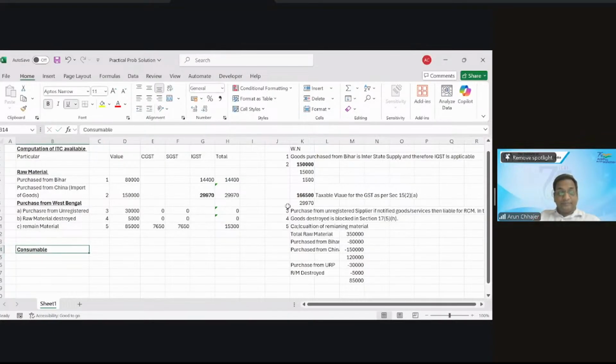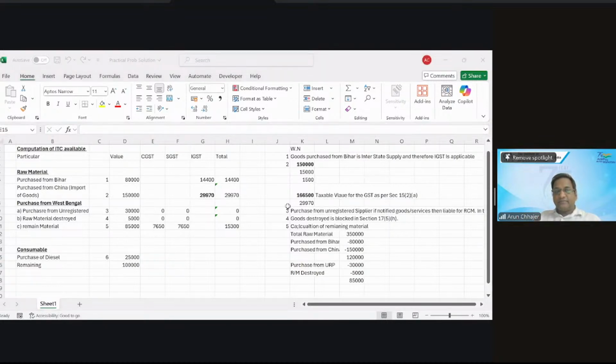Consumables. Purchase of diesel 25,000. Remaining 1 lakh. Correct? Which tax will I charge on the diesel?